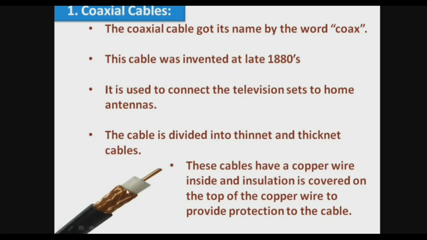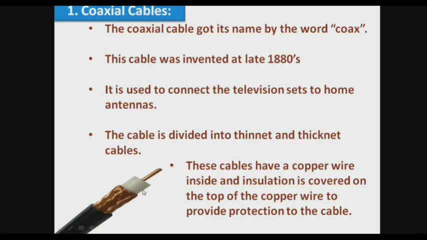These cables have a copper wire inside with 2 types of insulation, to provide protection to the cables. The inner layer is a copper wire. It acts as a conductor, transferring data from one computer to another computer.